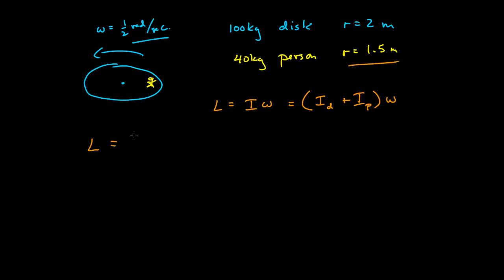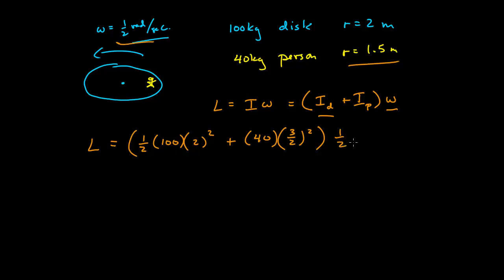So our angular momentum is equal to the moment of inertia of a uniform disk, 1/2 the mass of the disk, 100, times the radius of the disk squared. And the moment of inertia of the person, a point particle, is mass times their distance from the axis squared, which is 3/2 squared. And this is all times the angular velocity, which is 1/2.